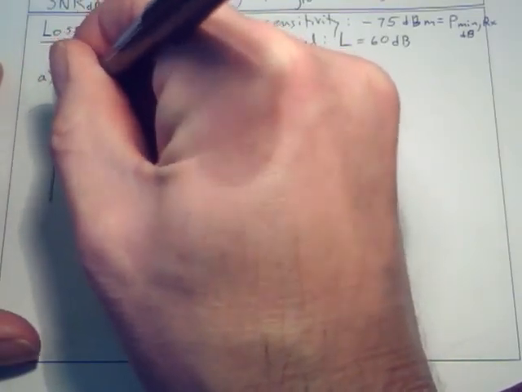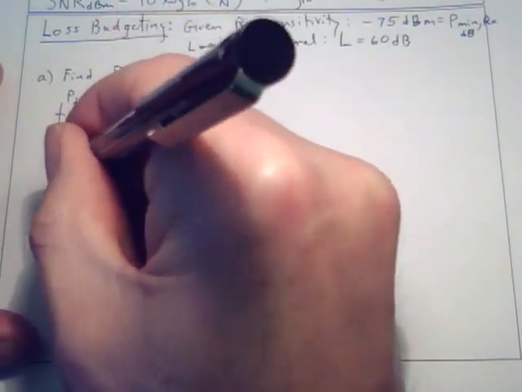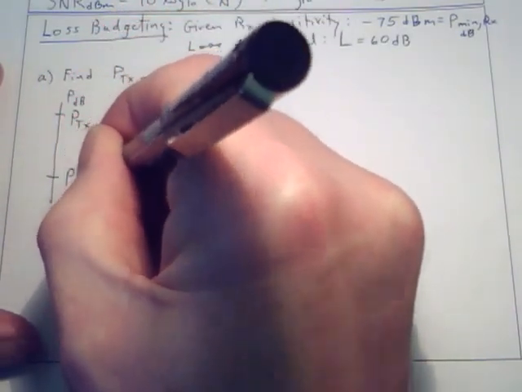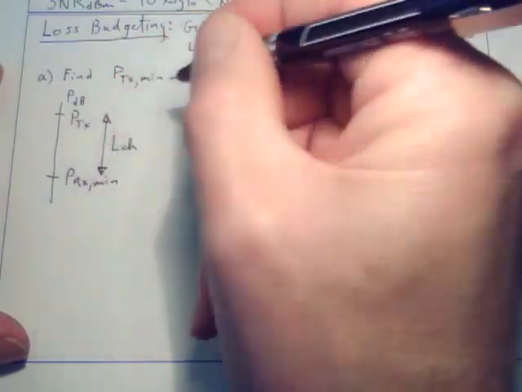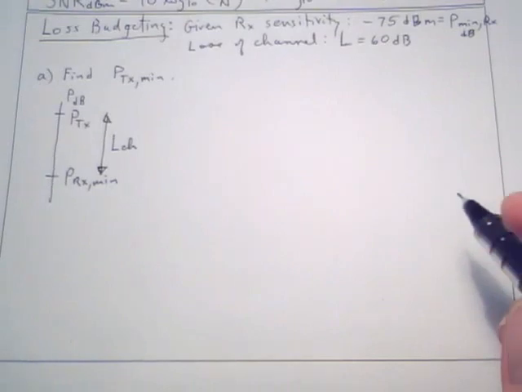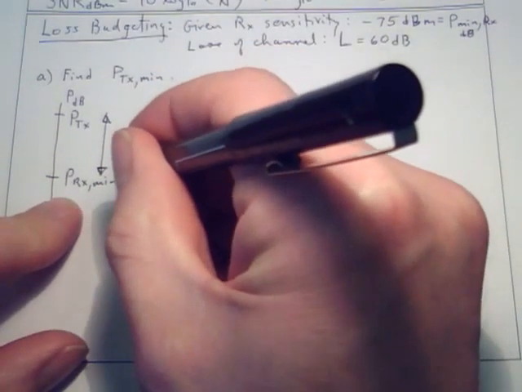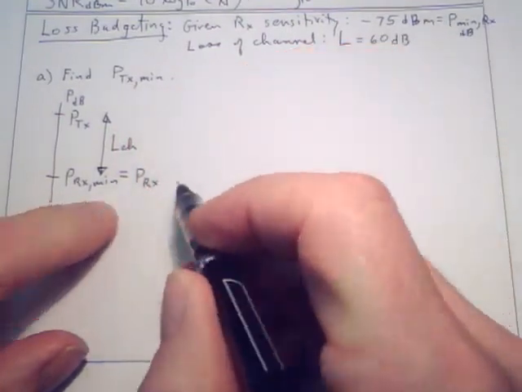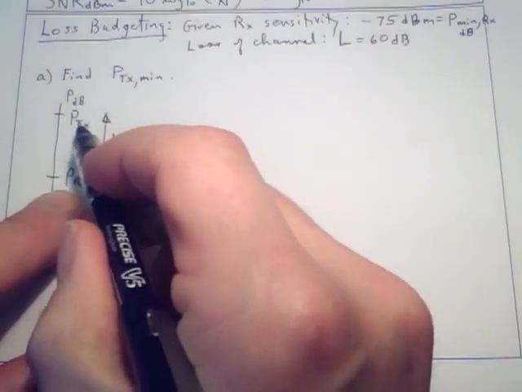So basically, as a power scale, on a decibel power scale, we've got PTX and we've got PRX min, and we have the loss of the channel between the two.